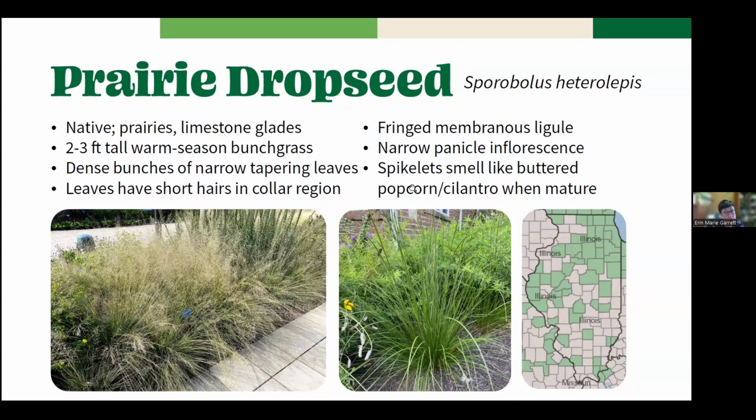It does have a fringed membranous ligule that's very, very short and really hard to see on this grass because it is smaller. And then when it blooms, it's going to have more of a narrow panicle inflorescence. And the spikelets, when they're mature, do have a really strong odor.